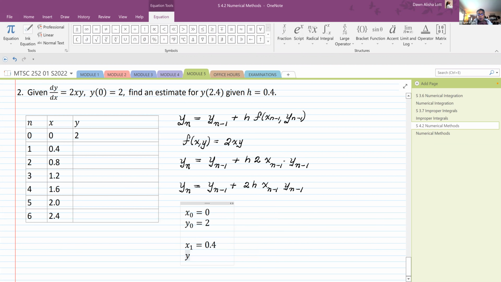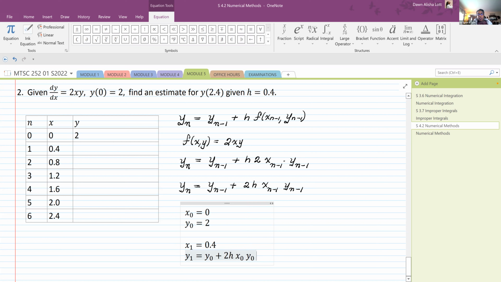And y1 is going to equal y0 plus 2 times h times x0 times y0. Does everybody see that? So all I'm doing is putting in n is equal to 1 in my formula. And it turns out that x0 is 0. So this whole piece drops out because x0 is 0.